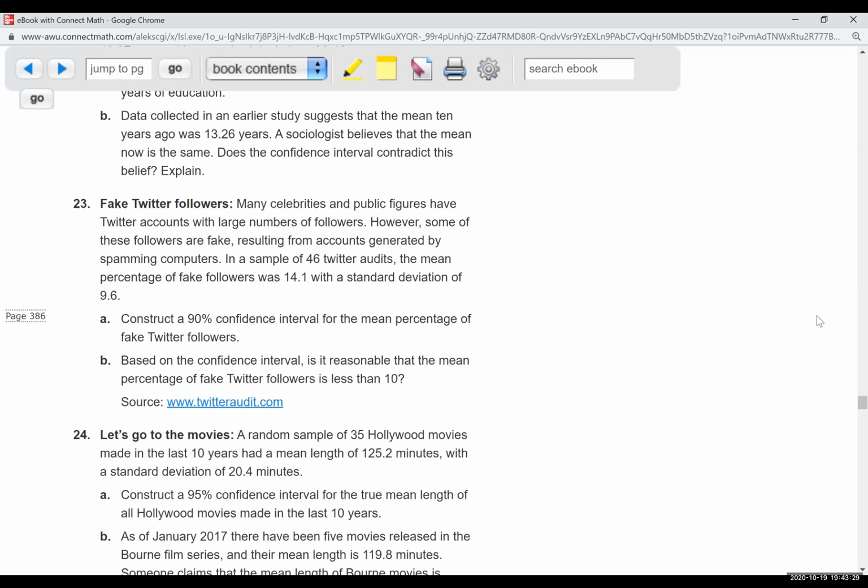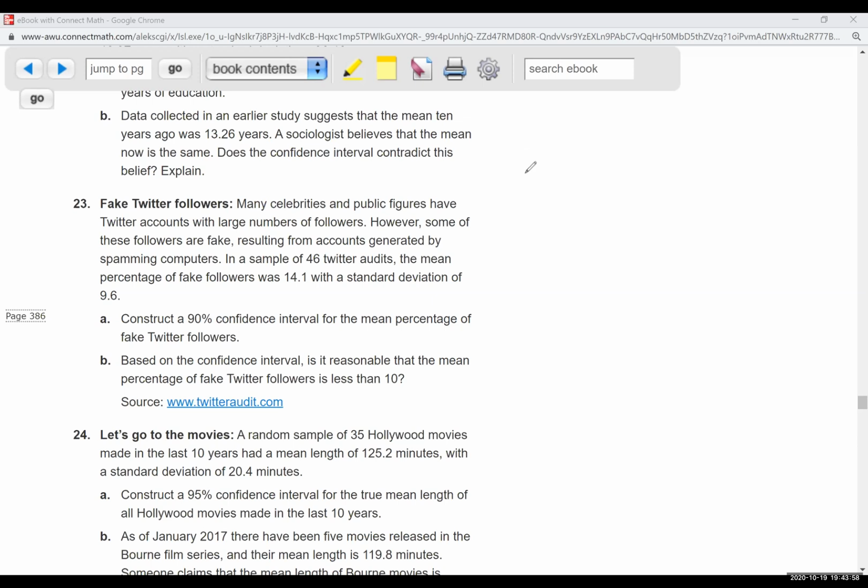So A, construct a confidence interval for the mean percentage of the Twitter followers. So again, you have the sample mean and the sample standard deviation here. Your n is 46. It's greater than 30, so we don't need to check or use the dot plot or box plot.